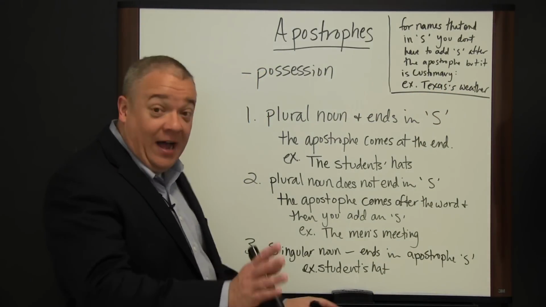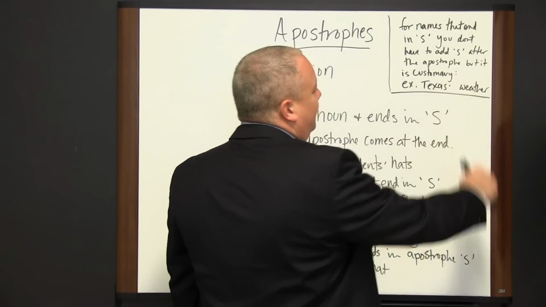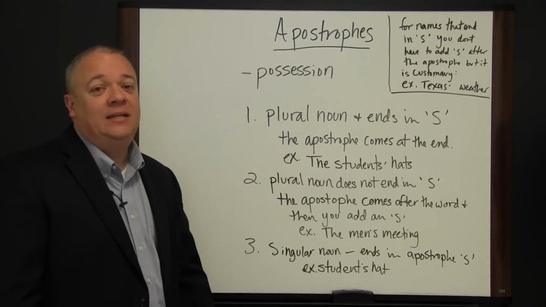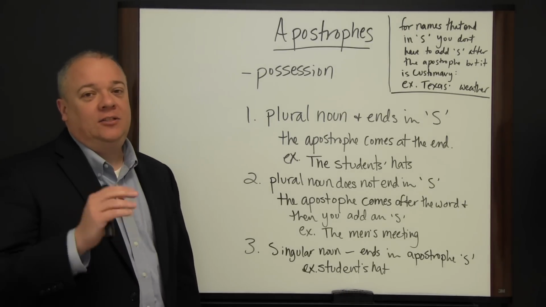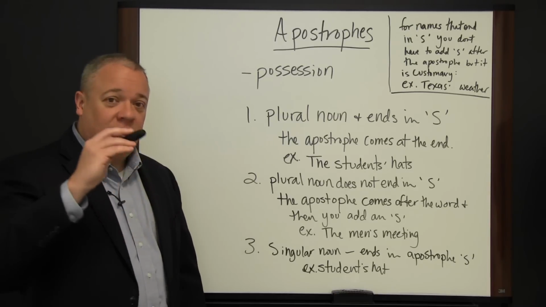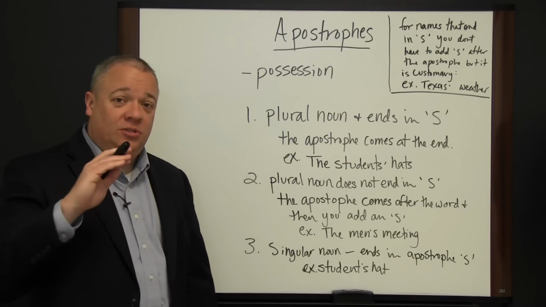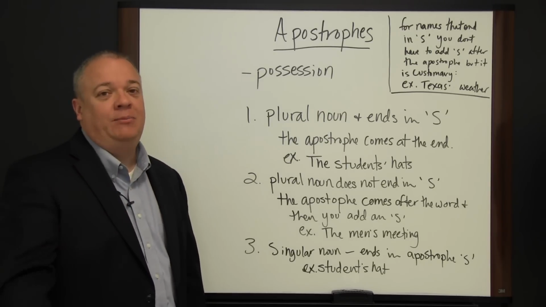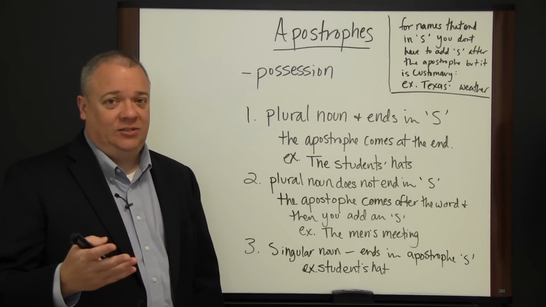Now it would be acceptable if you just put Texas, apostrophe, weather, and people would know it means Texas's weather. And the same with Jones. The Joneses' house, you would put Jones, apostrophe, S, or you could put Jones and then apostrophe. Either would be acceptable, so it's not required to put the extra S, but it is customary.